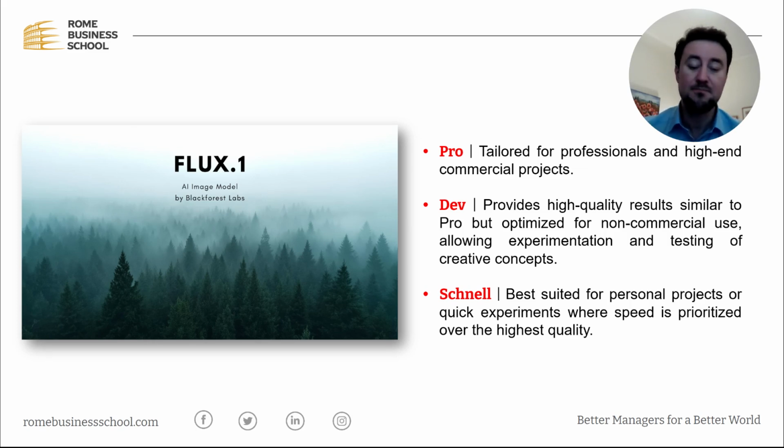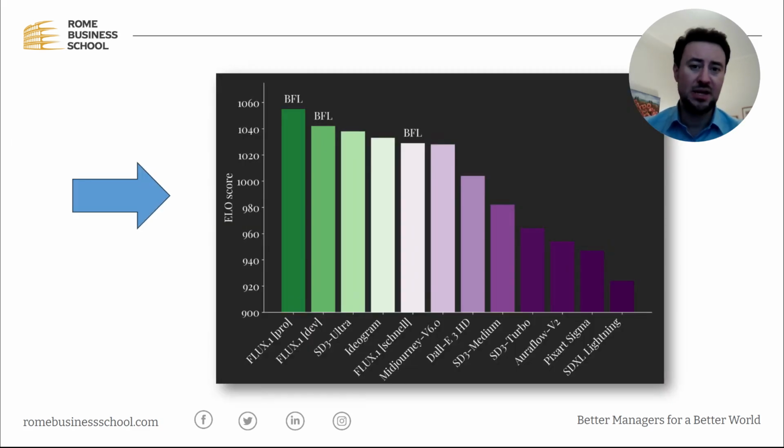But Flux is a very interesting model that is using a slightly different kind of technique of generation that is not the traditional diffusion model. It is also able to render in a very realistic and good quality way text, so writings, words, which is a pain point for many text to image artificial intelligence models.